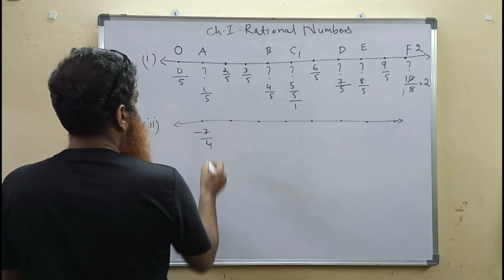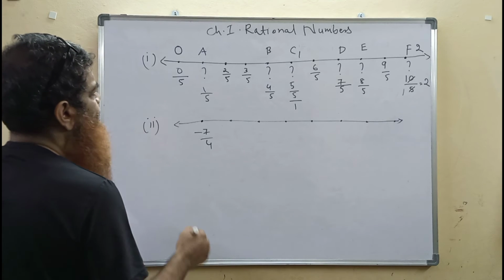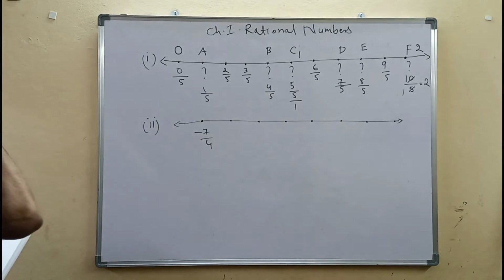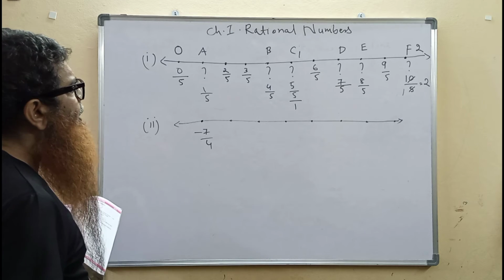The denominator is 4. The first thing to note when you see a fraction is to understand how many equal parts are to be made in the fraction.